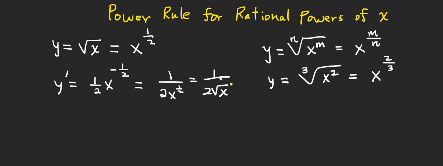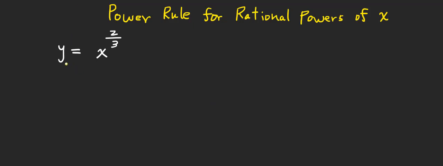Now notice, y prime exists except when x equals 0. When x equals 0, the denominator is 0, therefore y prime is undefined. Say you have y equals x to the 2/3. How can you find the derivative of this? So y prime will be 2 over 3 x to the 2 over 3 minus 1, which is negative 1 over 3.